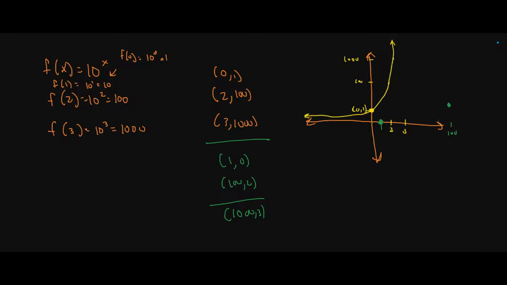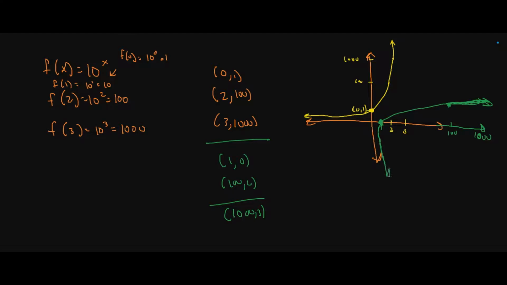And obviously I have to extend this. 1000, 3. Obviously it's not going to be perfectly drawn to scale, but we get something that looks like that, my friends. Not the best drawn graph here, but you kind of get the idea.